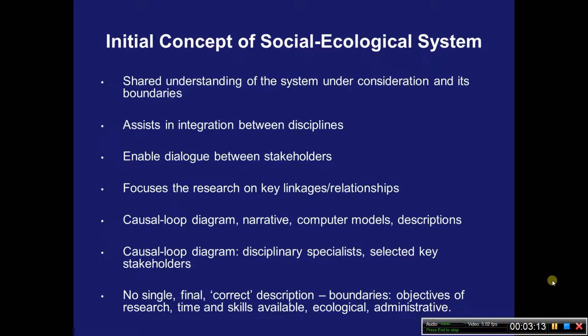As research progresses, the initial picture on the front of the box can become more nuanced and get more detail. But the initial concept is what is going to guide the different disciplines, with their different pieces of the puzzle, on how they're going to link together when we do the research. What are the important relationships that need to be considered? You can think of that as a metaphor for the social ecological system.